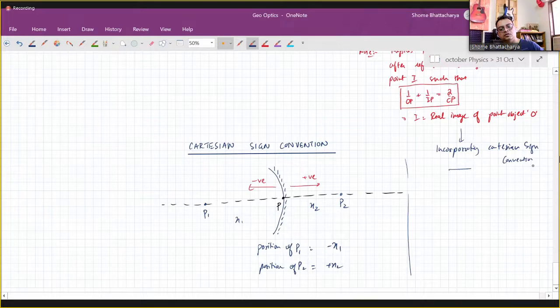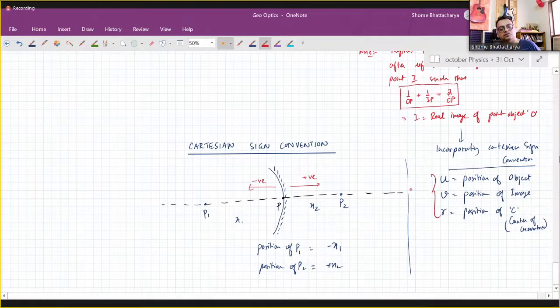We write v as the position of image, and we write r as position of center of curvature. So all these three are with sign, with the proper algebraic sign.